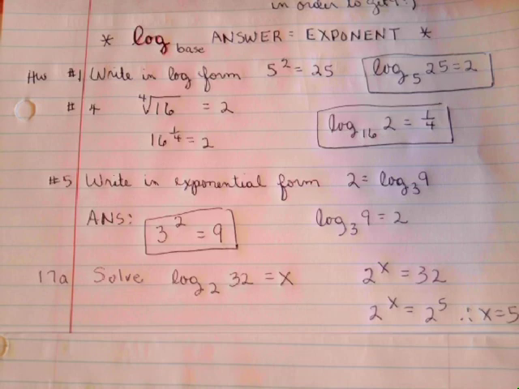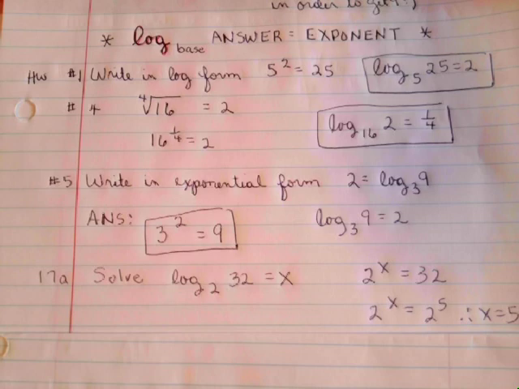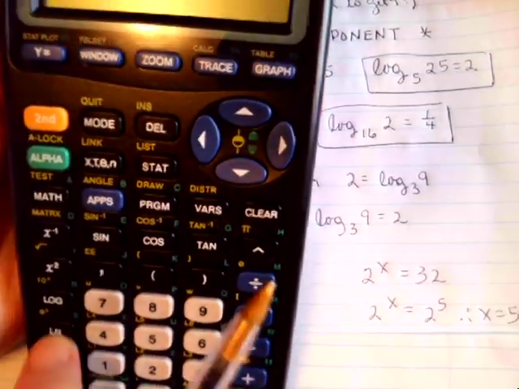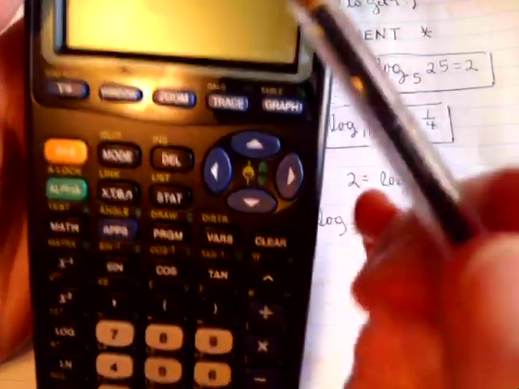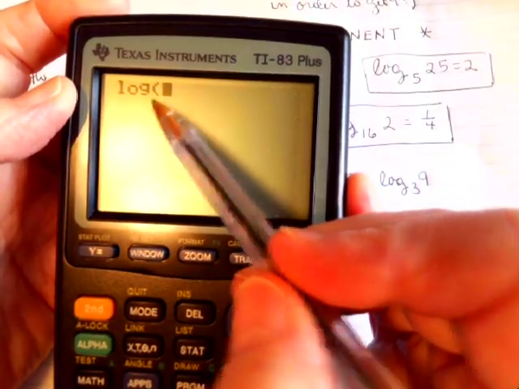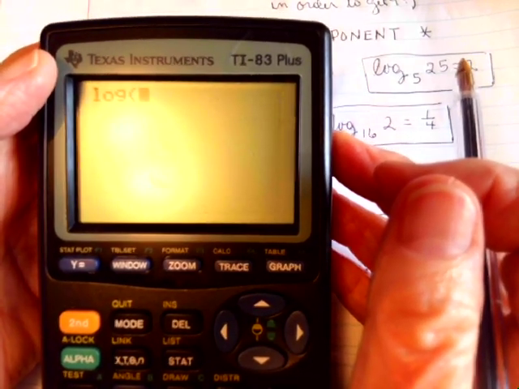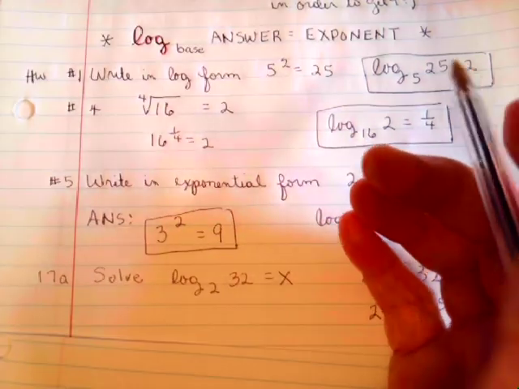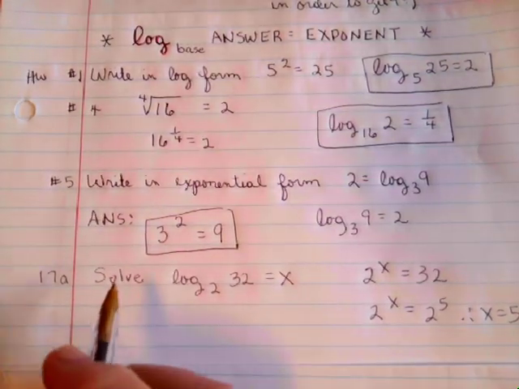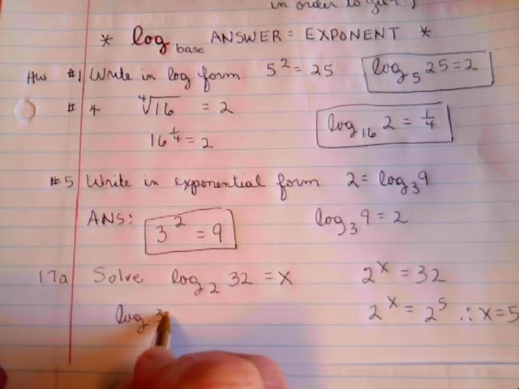Another way to do that problem is anytime you have a log problem and you got numbers in these two spots, you can use your calculator. If you have a newer version of the calculator, when you press the log button, it will probably automatically set up a spot right here and right here for you to put those two numbers. If you've got the version of the software that I have on mine, you gotta rewrite this as base 10 because that's what the calculator is, which means you just rewrite it like this.